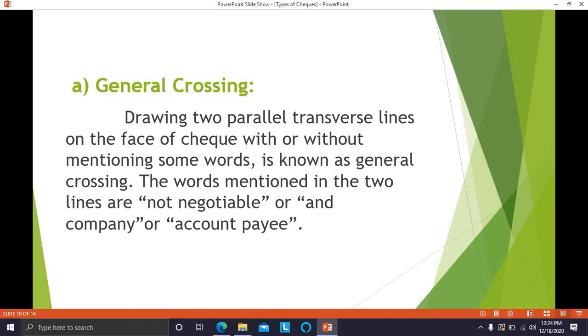The words which are mentioned in between these two parallel lines are like: not negotiable, and company, account payee. Such words can be mentioned in between these two lines.